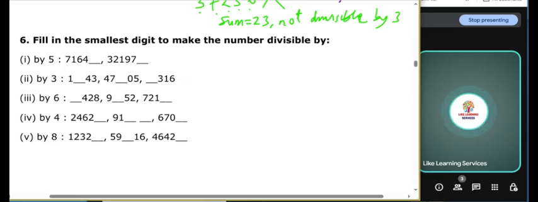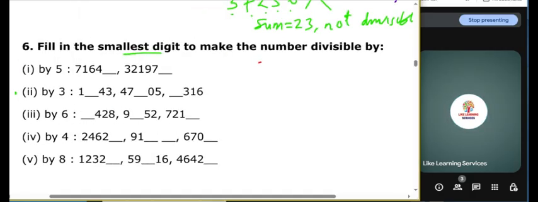For instance, look at this one. It says fill in the smallest digits to make the number divisible by 3, for instance. 1 what 43 will be divisible by 3? Let me zoom it in.